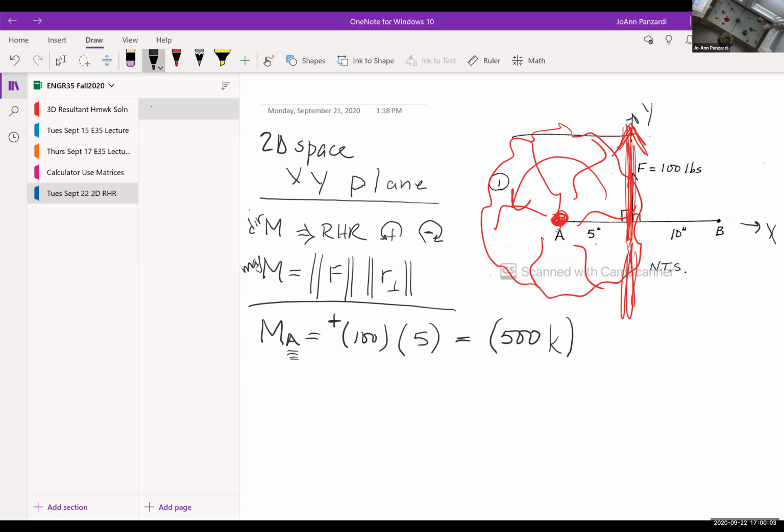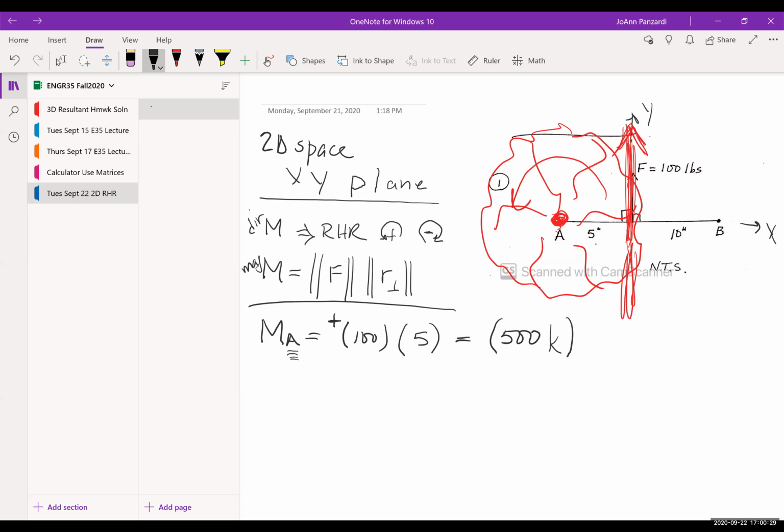So 500. What units is it? Pounds. It's a moment, so it has to have a distance and a force.